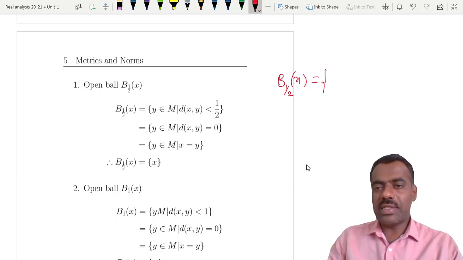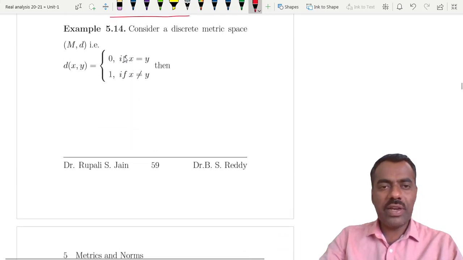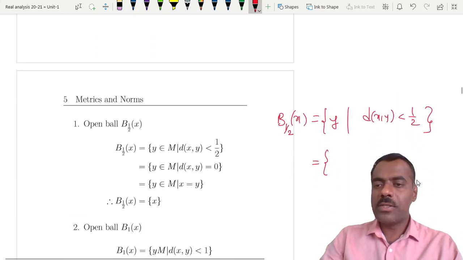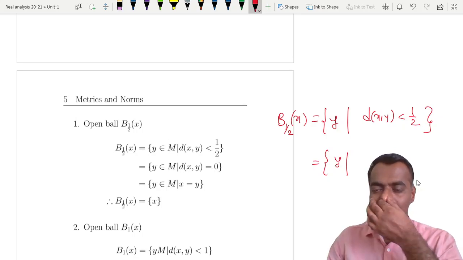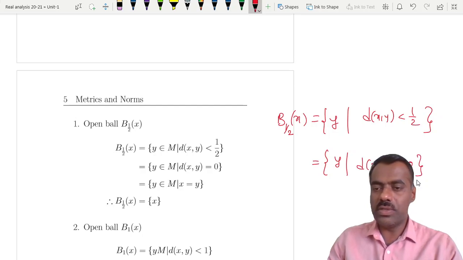It is defined as the set of y such that the distance between x and y is less than half. But d(x, y) is either 0 or 1. So if it is 1, it doesn't satisfy this, so this is the same as d(x, y) being equal to 0.